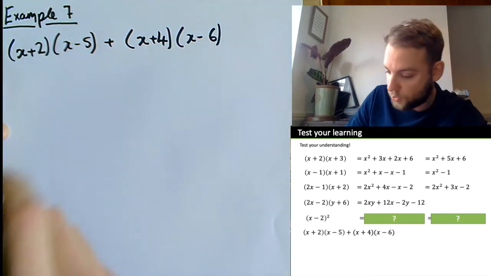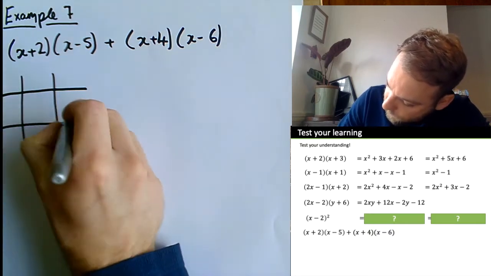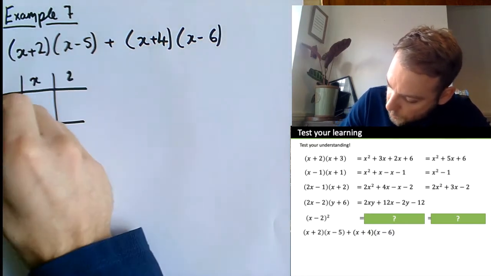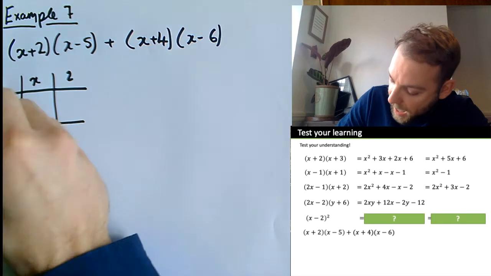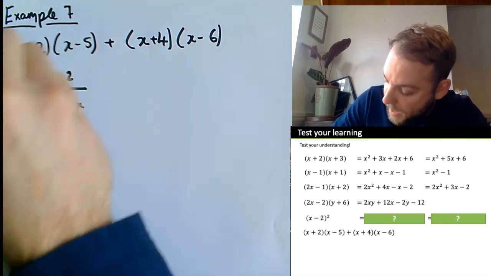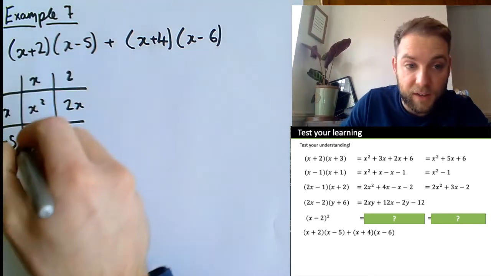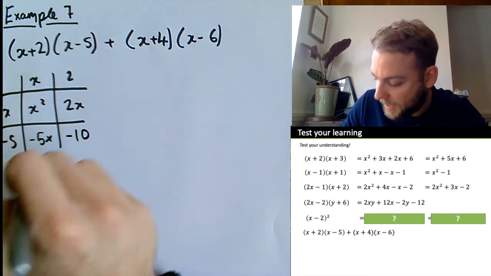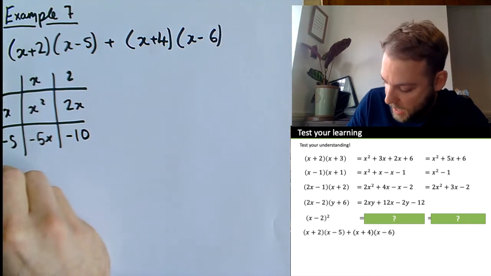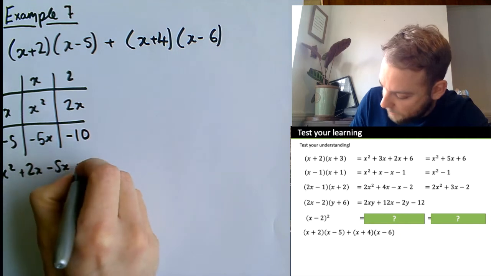So let's do this first one here first. x plus 2, x minus 5. X times x is x squared. X times 2 is 2x. Minus 5 times x is equal to minus 5x. And minus 5 times 2 is equal to minus 10. Simplify it. X squared plus 2x minus 5x minus 10.